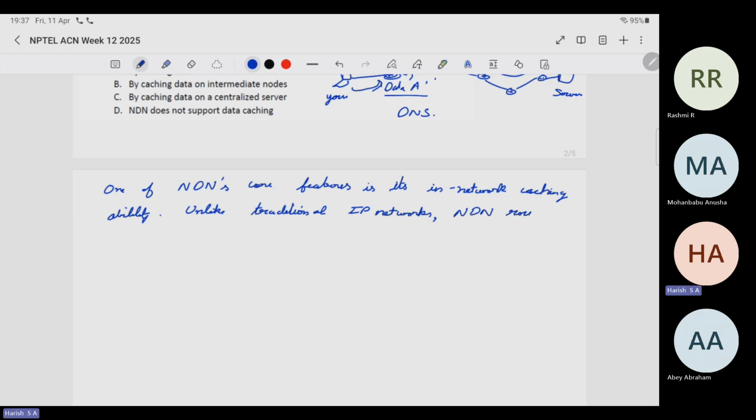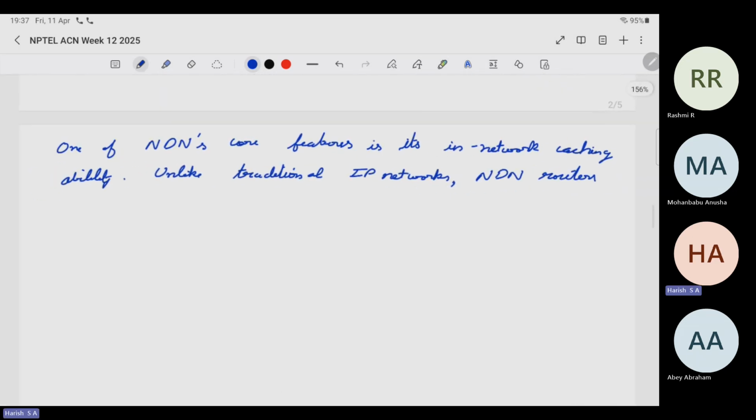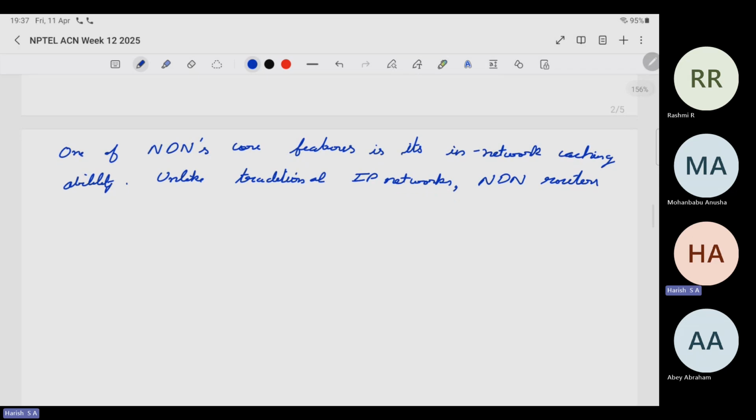NDN routers can store copies of data packets themselves as they pass through.